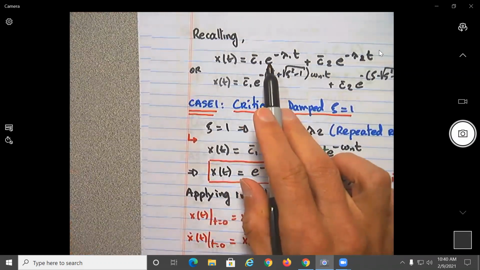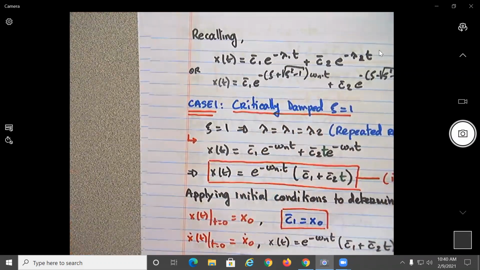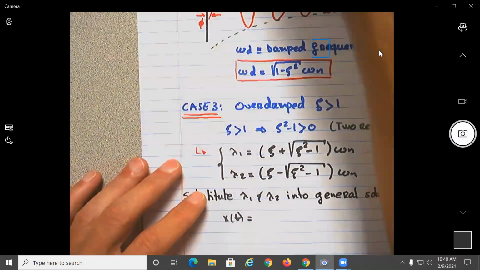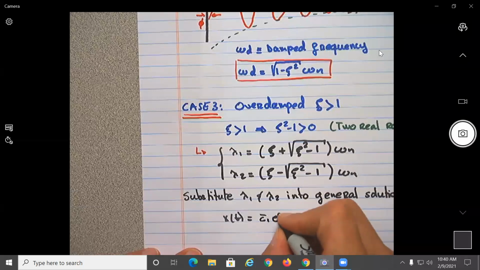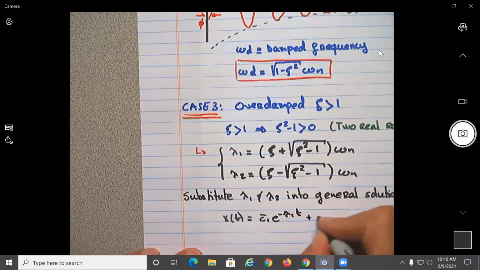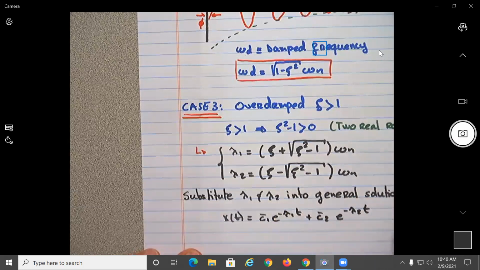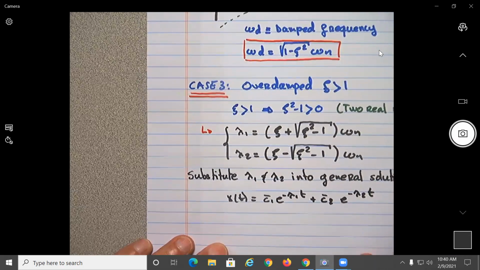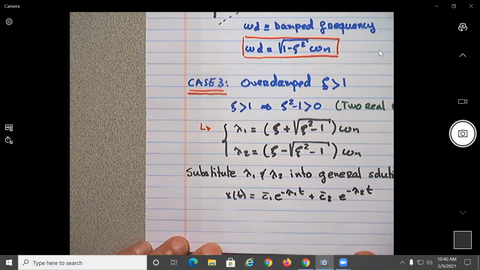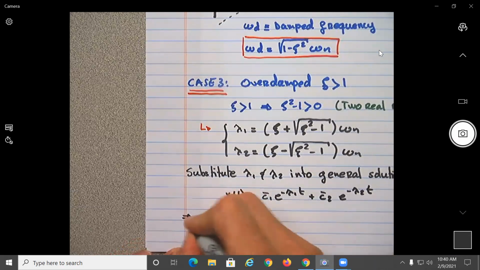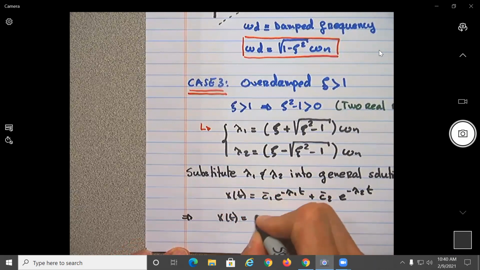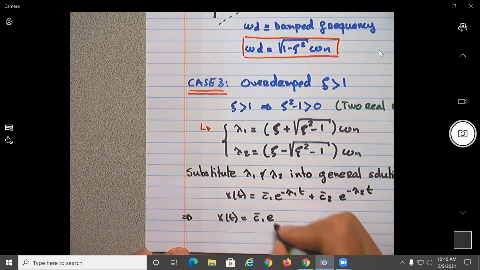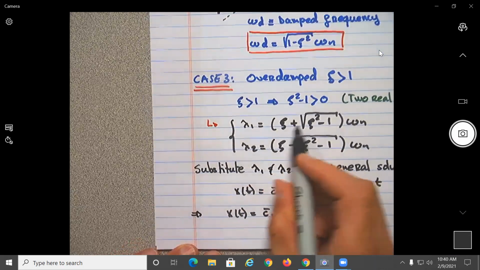C1 exponential of minus lambda 1 t plus C2 exponential of minus lambda 2 t. So C bar 1 exponential of minus lambda 1 t plus C bar 2 exponential of minus lambda 2 t. And this is going to give us the general form of the solution to be equal to what? C bar 1 exponential of this term over here.